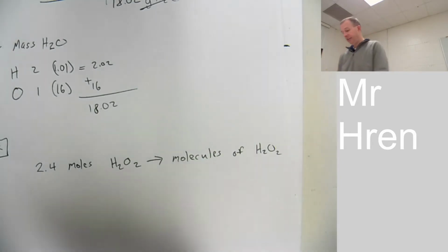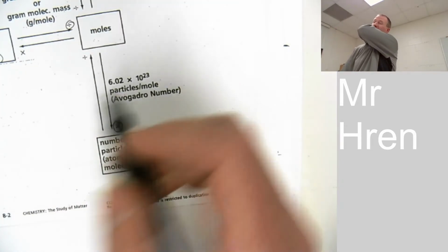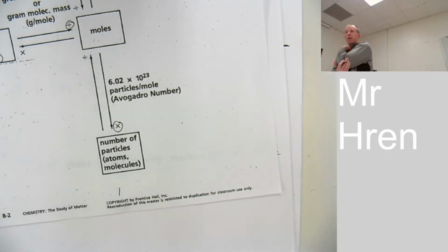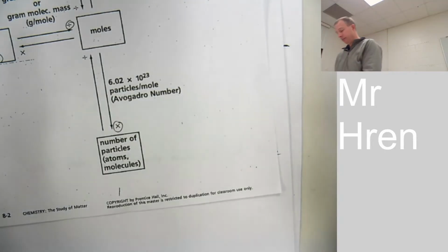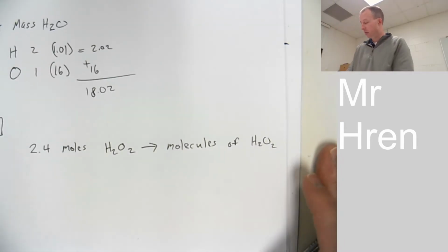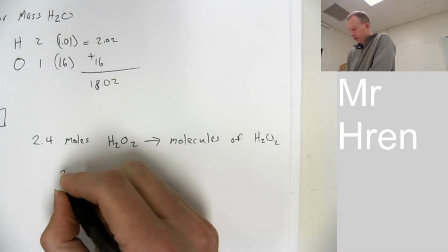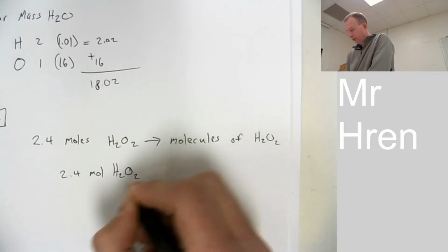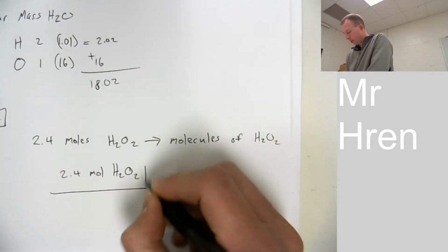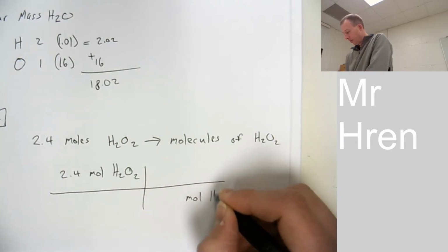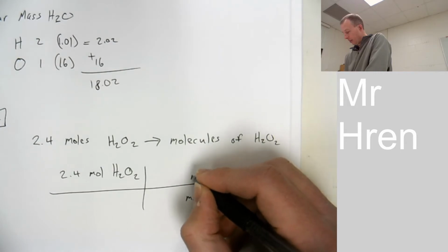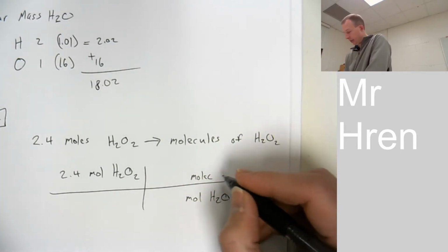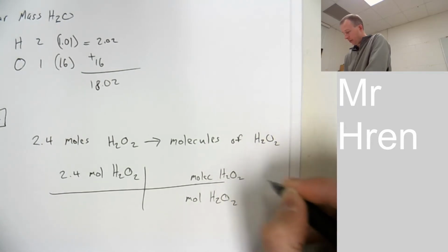You'll notice that this doesn't change. It doesn't matter what the formula is, whether it's hydrogen peroxide, H2O2, carbon, lithium, or glucose. It's always Avogadro's number that you're multiplying by. So you start with 2.4 moles of H2O2, put moles of that down here, and write molecules. I always abbreviate molecules as MOLEC of H2O2 up here.